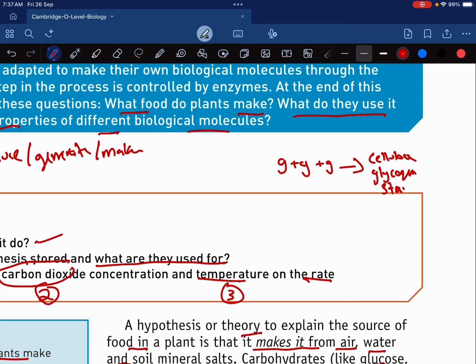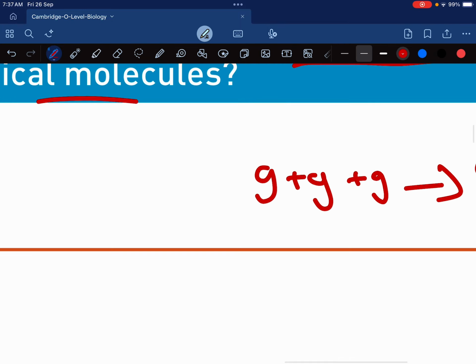These are all polymers of glucose. So when we join a lot of these simple glucose molecules with one another, they could form these polymers. So you could say cellulose synthesis, glycogen synthesis, and starch synthesis, because these molecules are all made from one glucose molecule adding up to multiple glucose molecules.